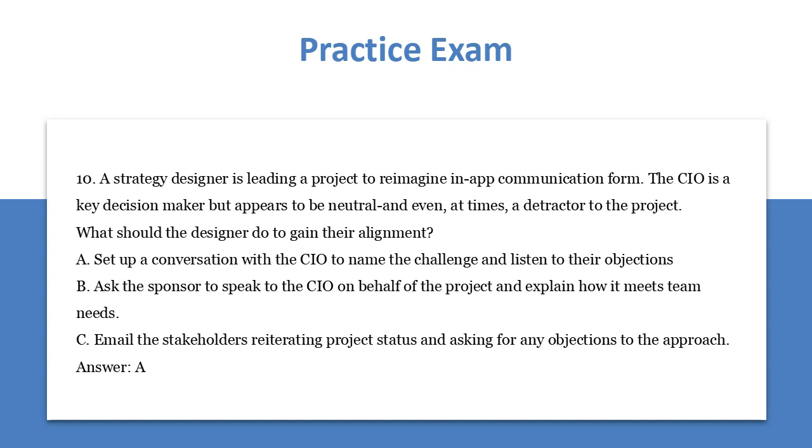A. Set up a conversation with the CIO to name the challenge and listen to their objections. B. Ask the sponsor to speak to the CIO on behalf of the project and explain how it meets team needs. C. Email the stakeholders reiterating project status and asking for any objections to the approach. Answer: A.